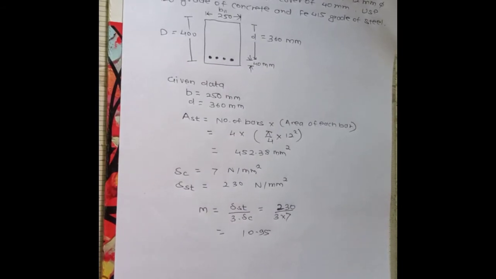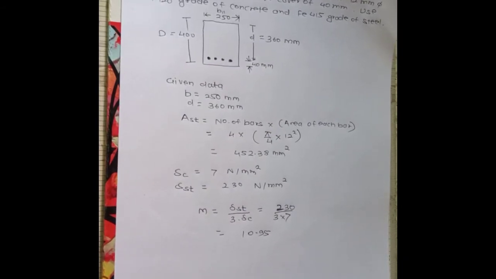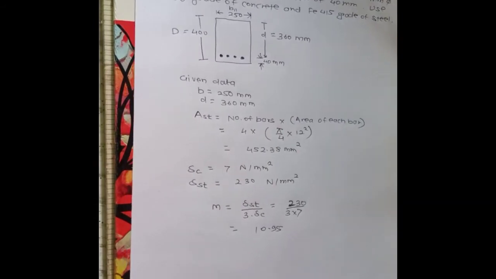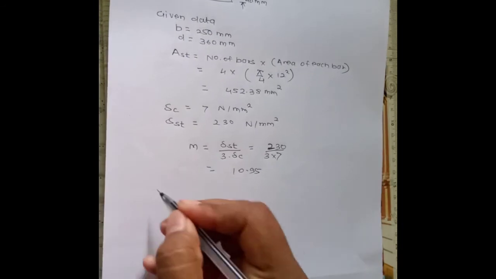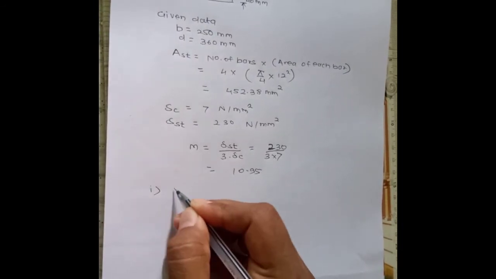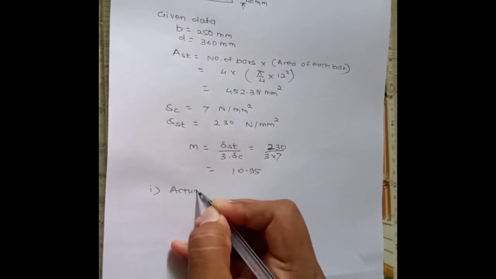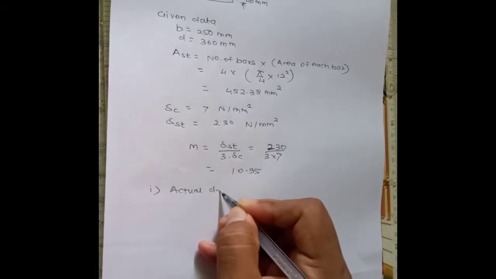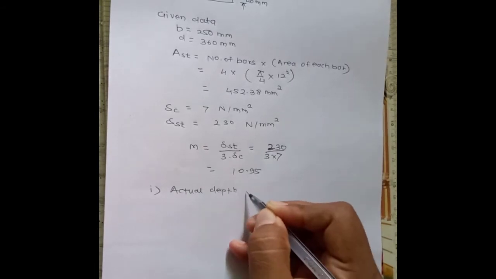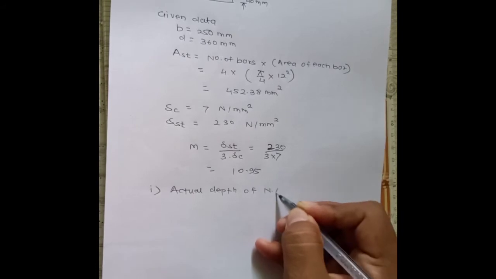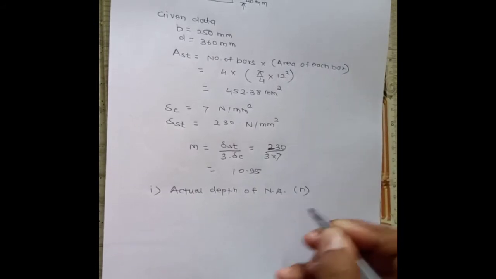Now to find the moment of resistance of a singly reinforced beam, we need to find whether the section is under reinforced or over reinforced. So for this we need to find the actual depth, so step 1, actual depth of neutral axis, denoted by small n.